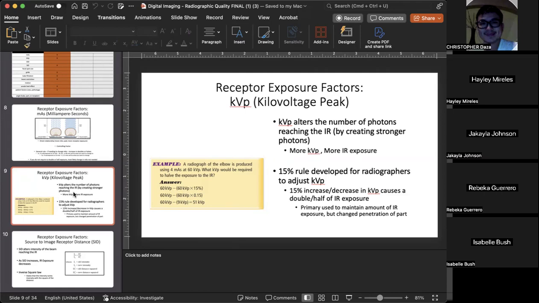Because if they're not strong enough, those photons will get absorbed by the body. But if we start making them stronger, they're going to push past the body and hit the image receptor. Whenever we increase kVp, we're creating stronger photons. That makes more X-rays hit the image receptor.